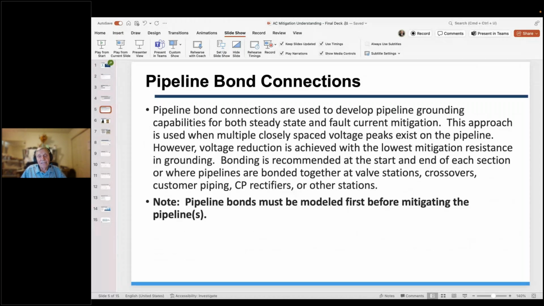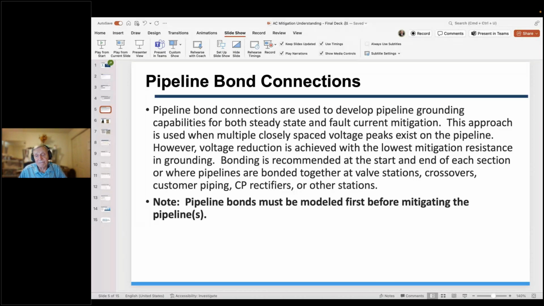Okay. This is my favorite one because it's ignored. Of all the ways to reduce the voltages on the pipeline and mitigate, it's called pipeline bond connections. And one of the things we're recommending is test it out first wherever your connections are.